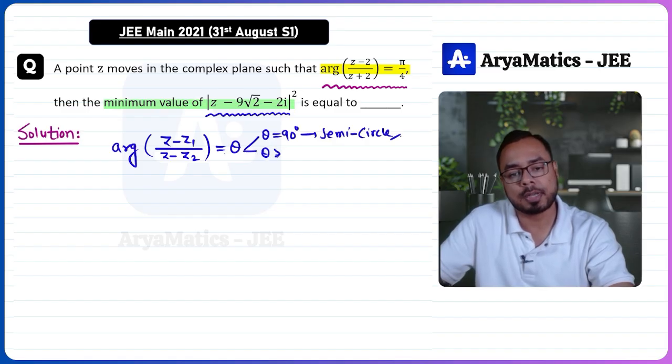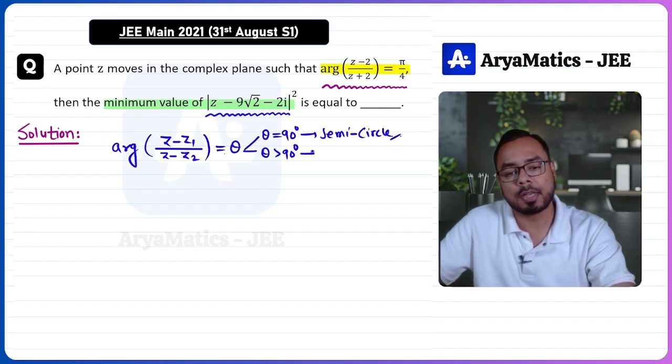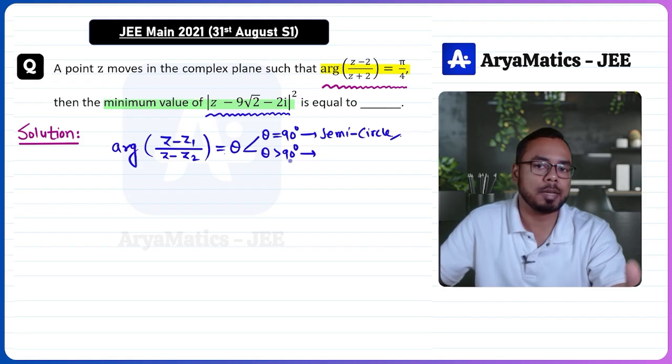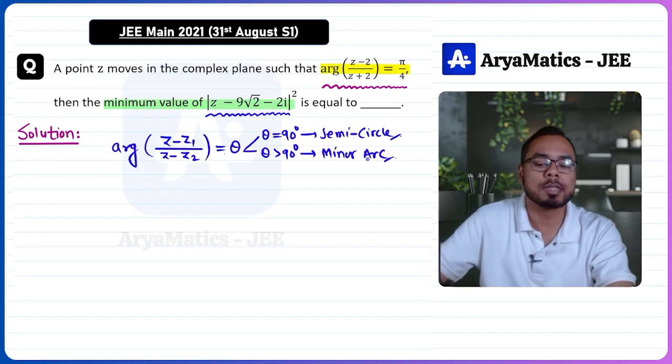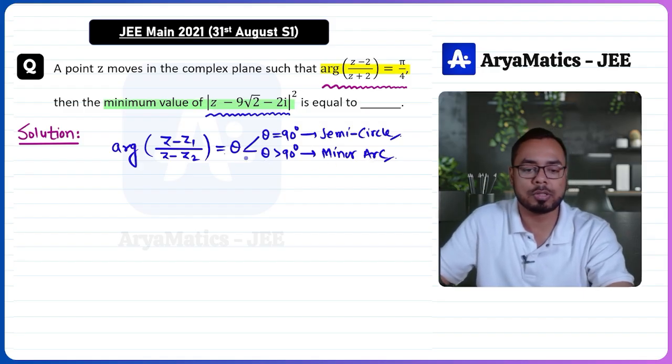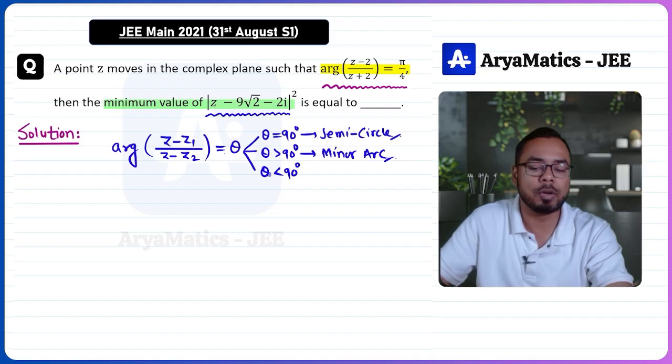Another possibility is that theta is greater than 90 degree and less than 180 degree, so theta is an obtuse angle. In that case, the same locus will represent a minor arc, and we'll see how to plot those locus. The third possibility is that theta is between 0 and 90 degree, an acute angle.